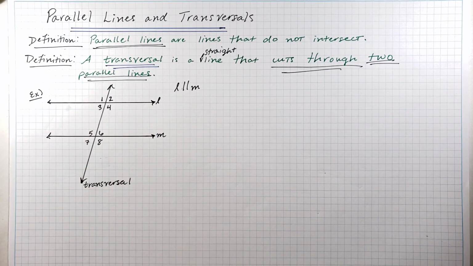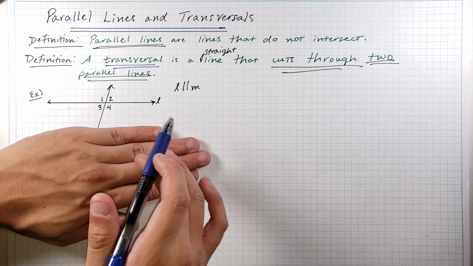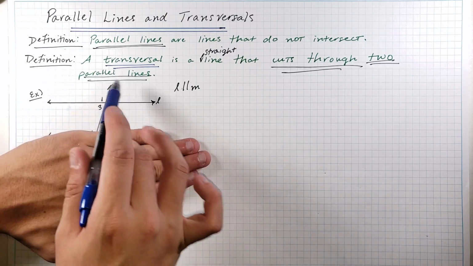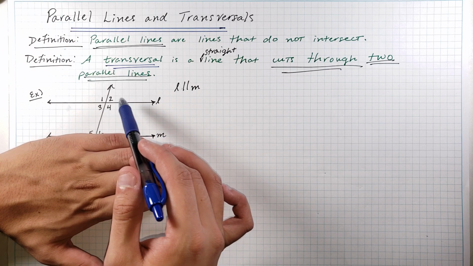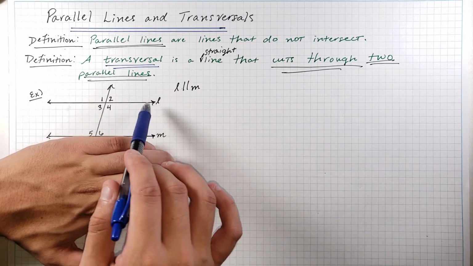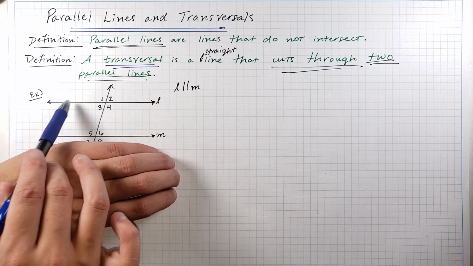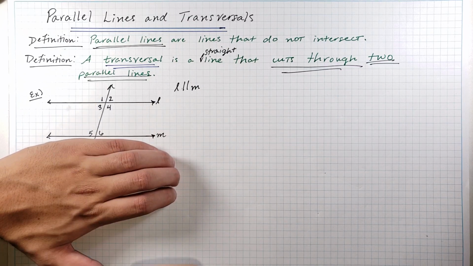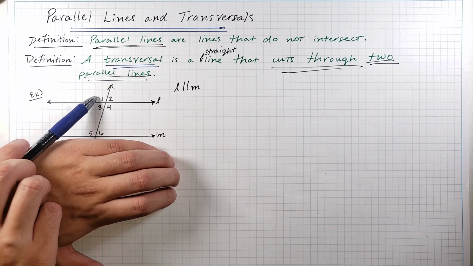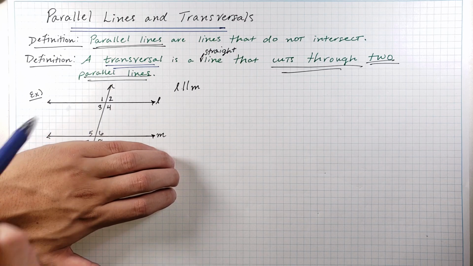Pretend we just have this part, right? As you can see, we have two straight lines intersecting, so vertical angles are congruent. The vertical angles here are 1 and 4, and 2 and 3.